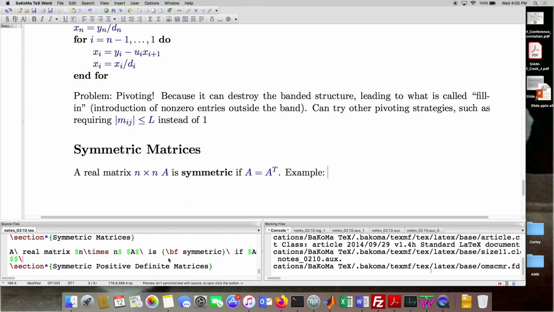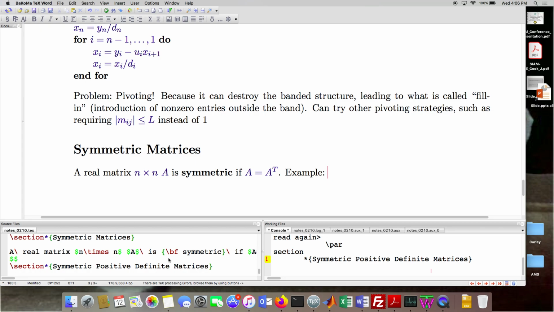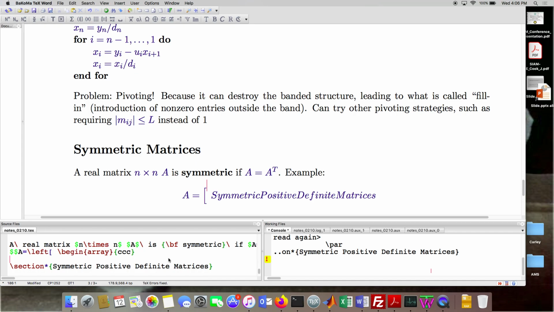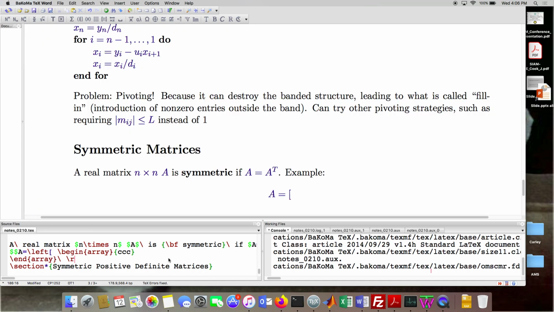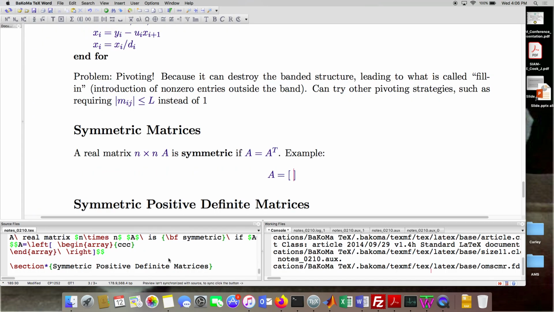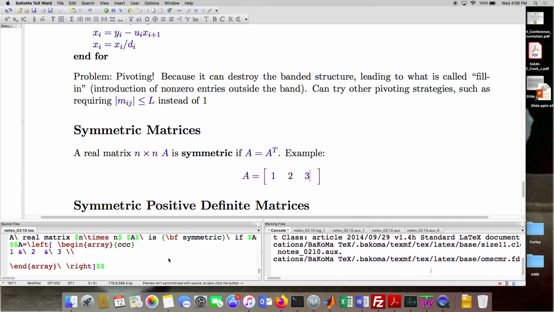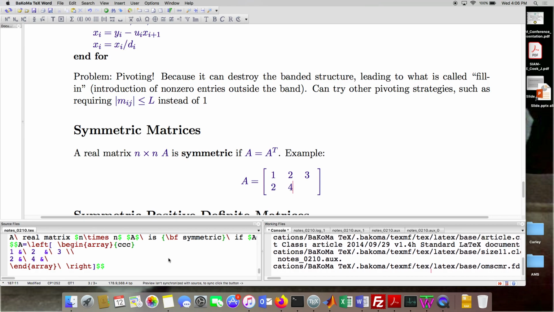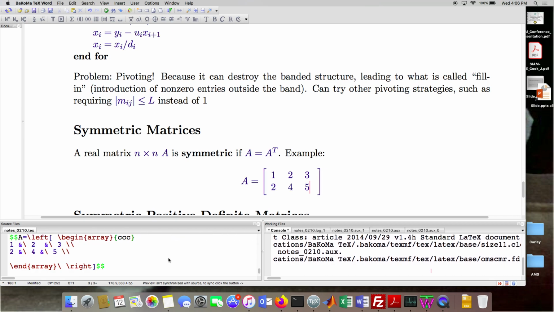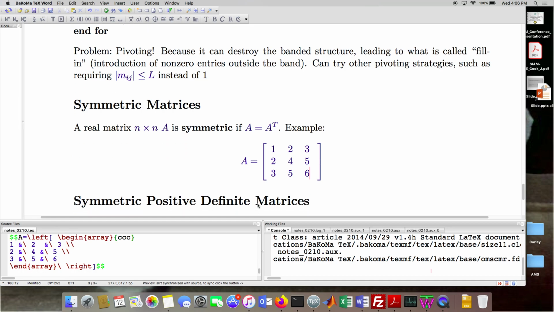So a quick example, let's say a 3 by 3. Okay, so this matrix is symmetric if you look across the main diagonal.